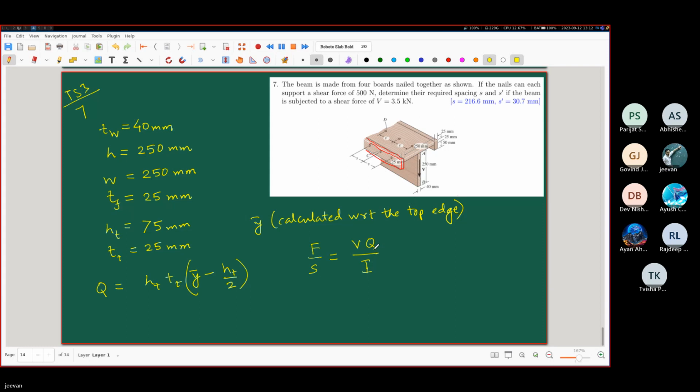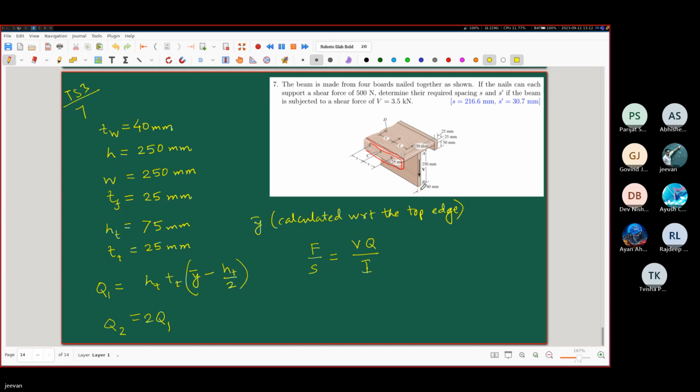So if you take a Q, let's say this is Q1, let's say Q2 is just twice of Q1 when you're taking both the things. Then if you have to match with this Q2, it is going to be both this horizontal board and this vertical board.